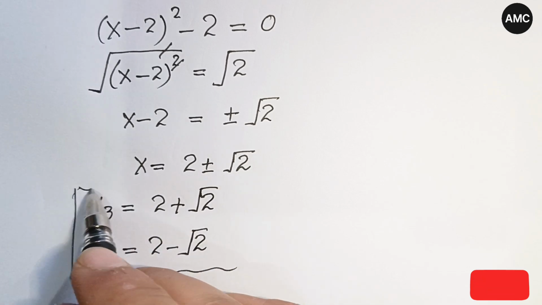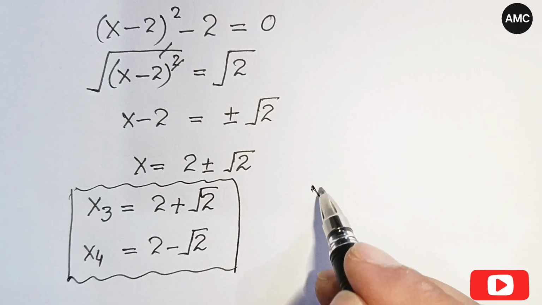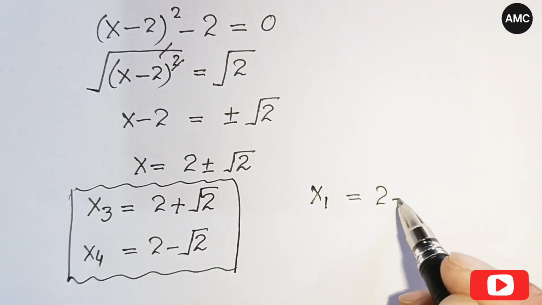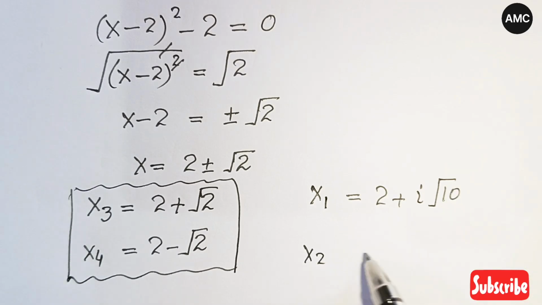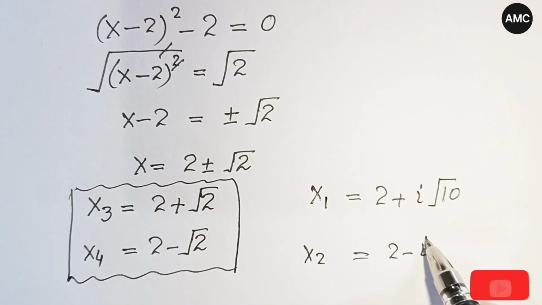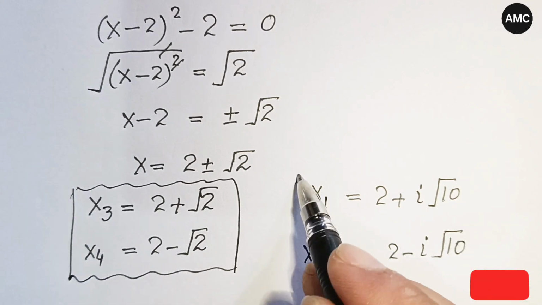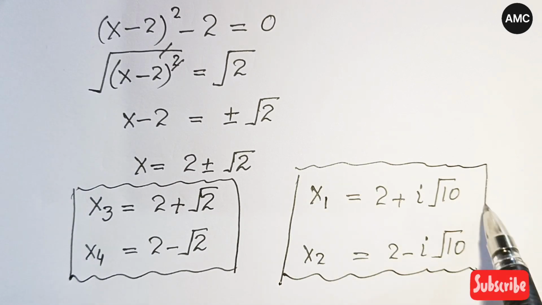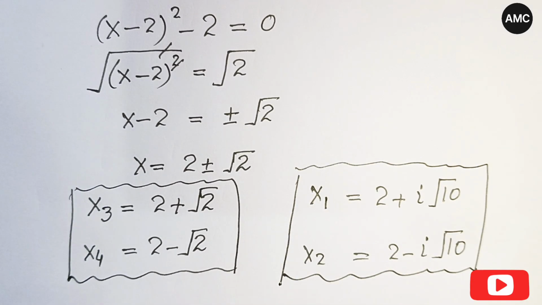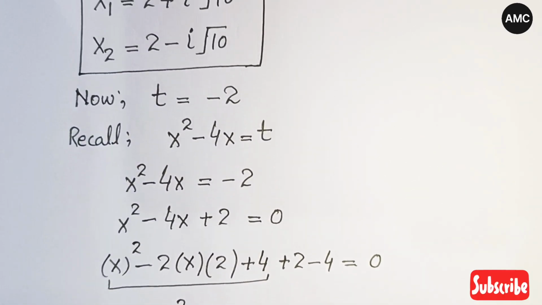So finally we have four solutions of x, that is x1 is equal to 2 plus i times square root of 10, and x2 is equal to 2 minus i times square root of 10. So here we have four solutions of x that we have found out by solving this nice Math Olympiad problem.